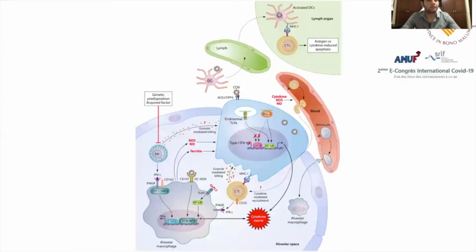The first line of defense against viral infection consists of NK cells, macrophages, dendritic cells, type 1 interferon, chemokines, and cytokines. Type 1 interferon is induced by PAMPs that are recognized by PRRs, like endosomal TLRs and RIG1. However, type 1 interferon was not detected in SARS-CoV and MERS-CoV infections.